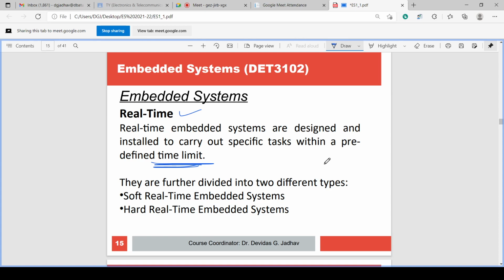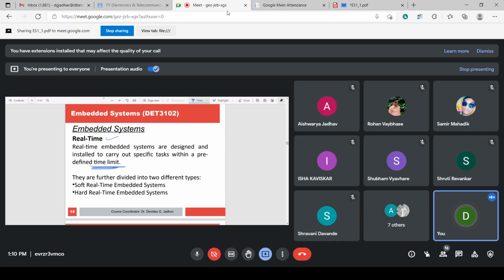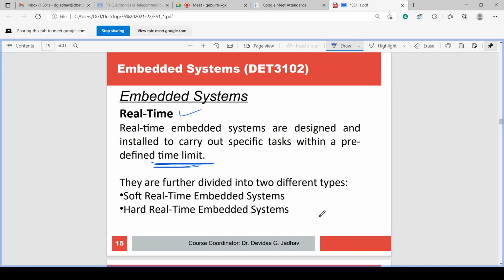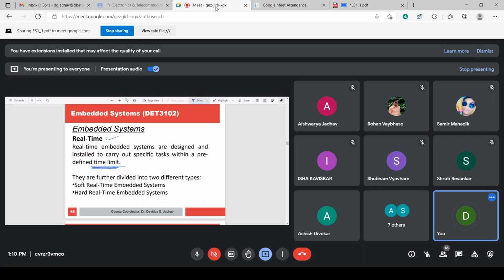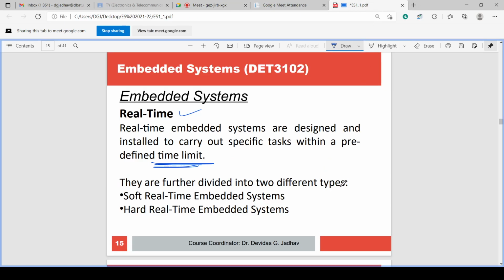Theoretically, a real-time system should have no time gap, a zero time limit. But for practical purposes, it is not possible. There is always some time delay, so time limits are provided, though minimum time limits.